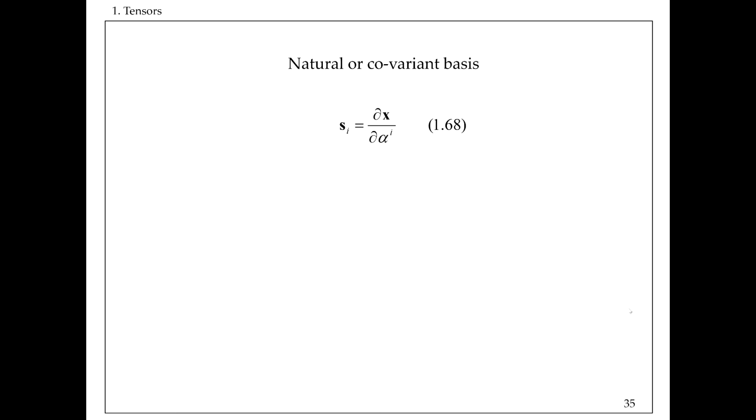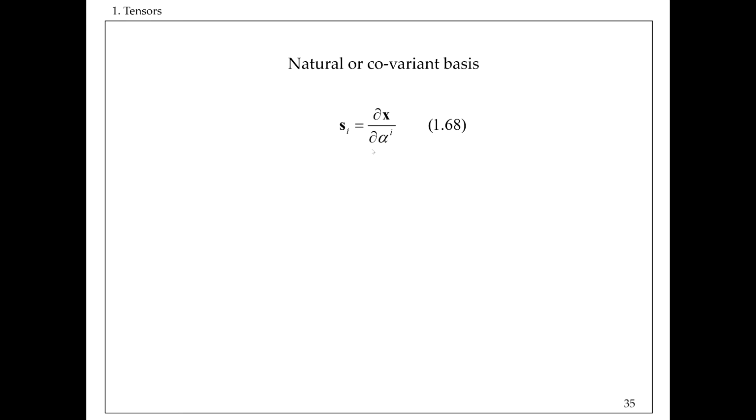To this end, we define the so-called natural or covariant basis, and we will also have an opposite of that, which we'll call the dual or contravariant basis. We'll properly introduce it on the slide very soon. Now, this is how we define the natural basis vectors.